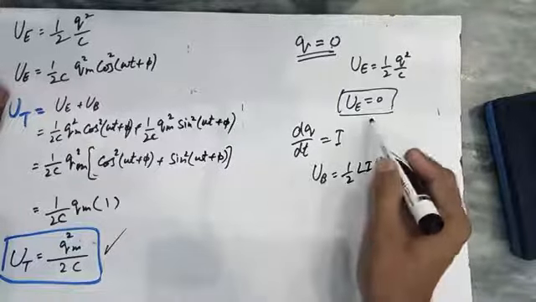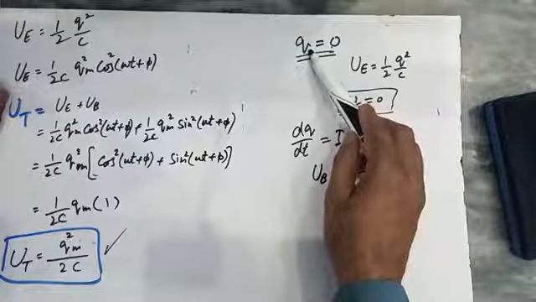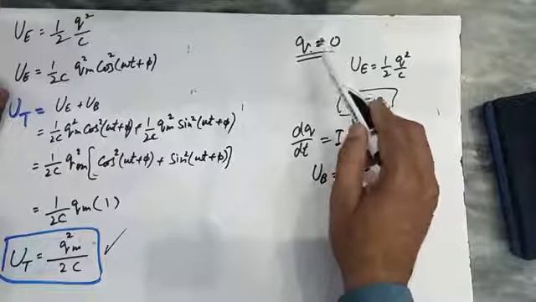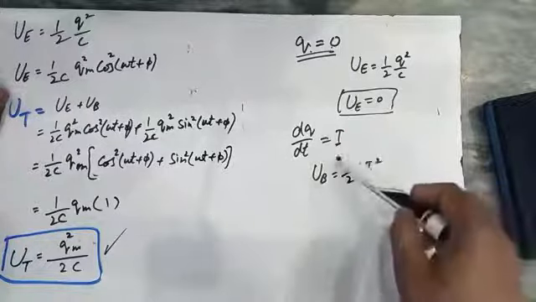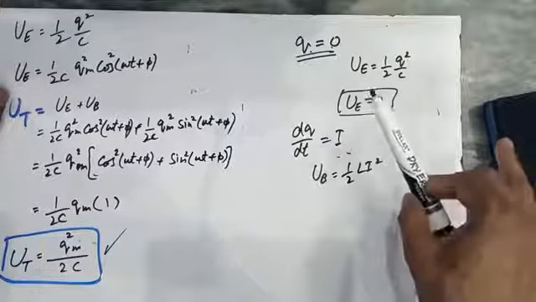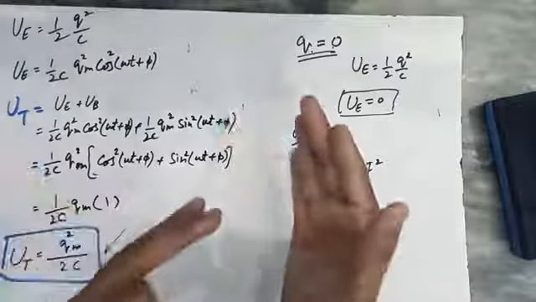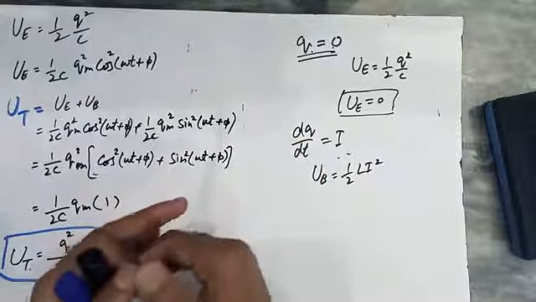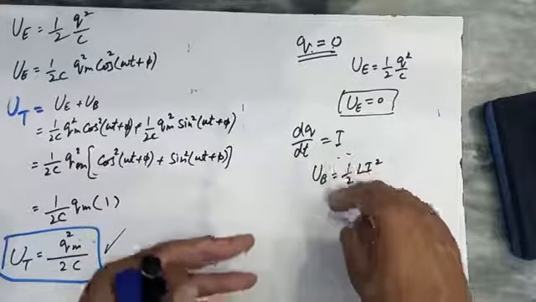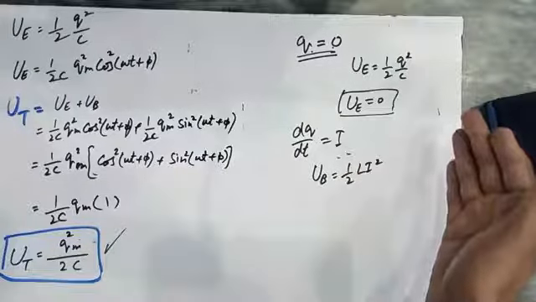So in this case, when the capacitor is fully discharged, the total electric energy is converted into magnetic energy. The sum of total energy remains the same. So in this way, energy oscillates between electric field and magnetic field. After some time, again the capacitor is fully charged and magnetic energy is converted into electric energy.